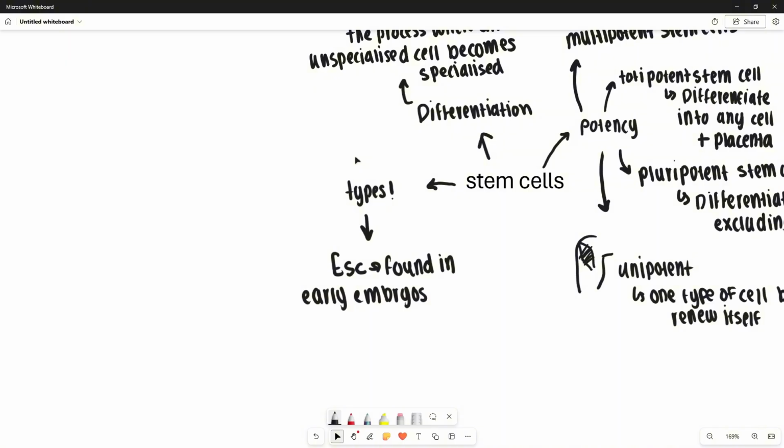But keep in mind that embryonic stem cells are found in early embryos, and they are pluripotent, meaning that they can differentiate into any kind of cells apart from the placenta, and divide indefinitely.